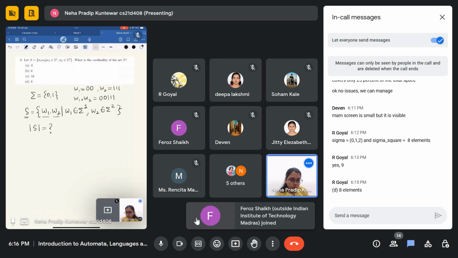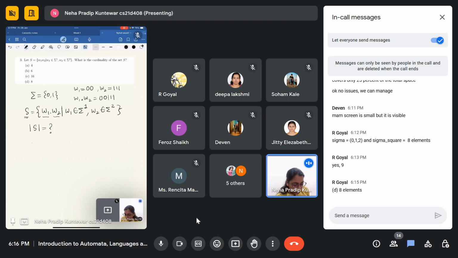Okay, right. So S is defined to be the set of concatenations of W1 and W2.